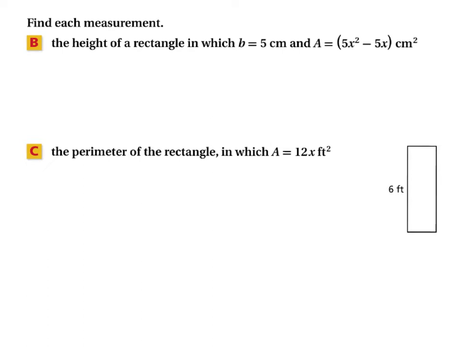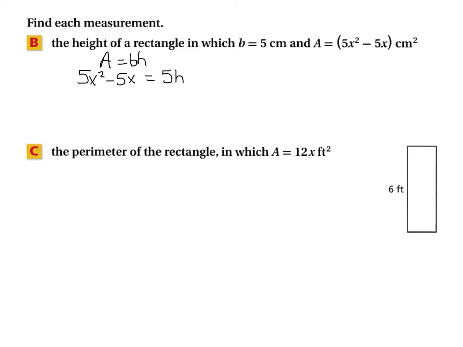However, if I gave it to you in a proof, would you be able to tell me all of the steps? So let's just write down what we know. If you had this in a proof, we would write down A equals bh, and the reason would be area of a rectangle. We know that area is 5x squared minus 5x, and the base is 5, and the height is what we need to find. We use substitution.